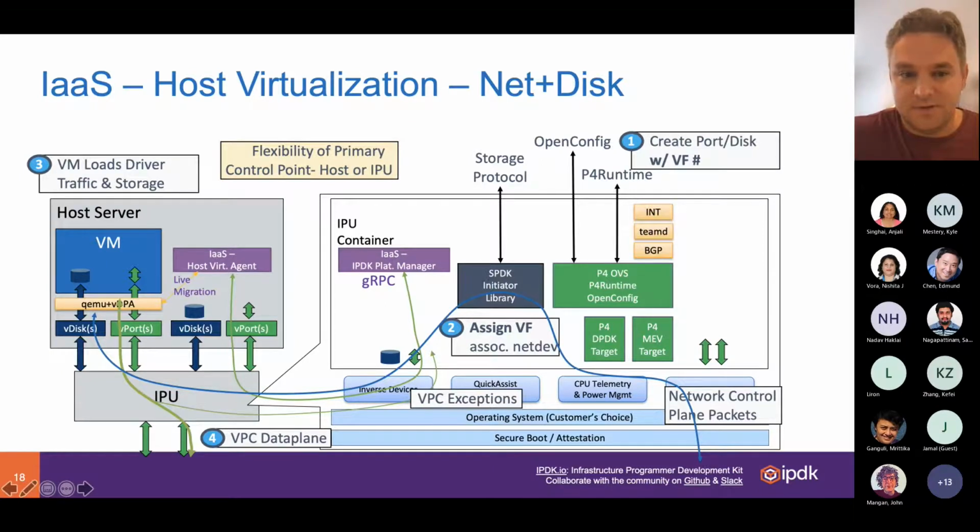That is, when you go through the pathway of creating the port or creating the disk in this configuration, you also have to tell it the virtual function number. And that's because of this extra nesting, where I'm still doing my hot plug of devices in and out of the IPU to pop up these physical devices into the host server, but there's an extra layer, an additional trust zone.